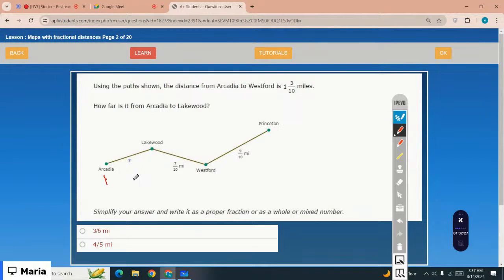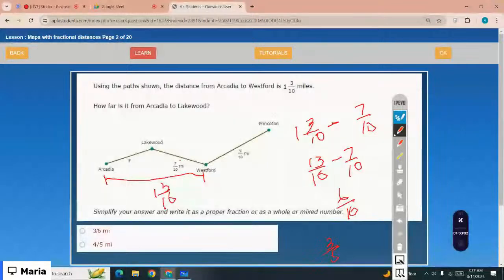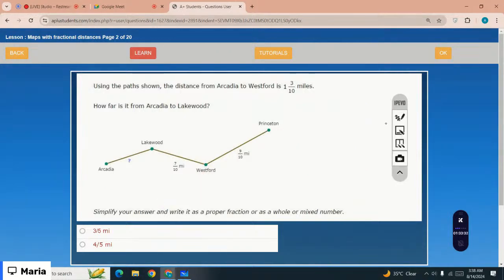So you have to subtract. So the correct option is 3 by 5. Option number 1 is the correct option.